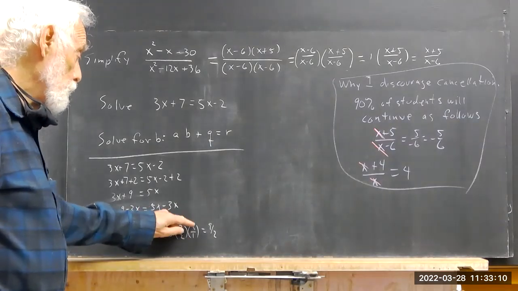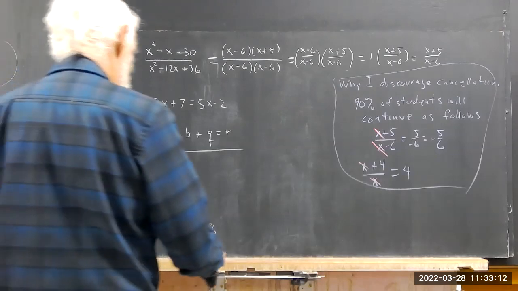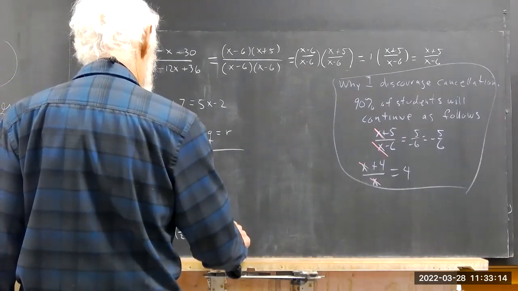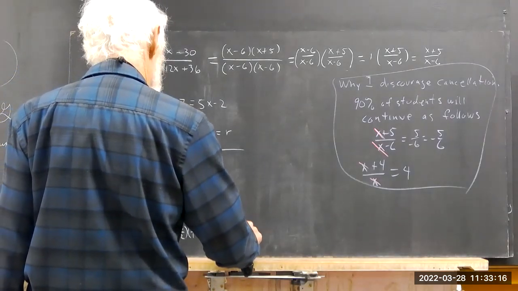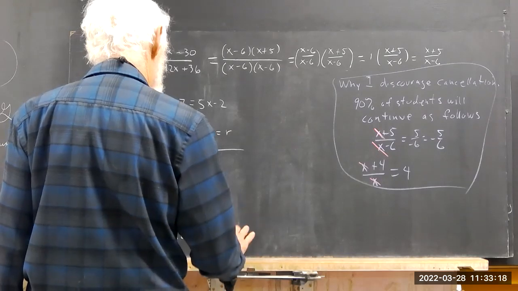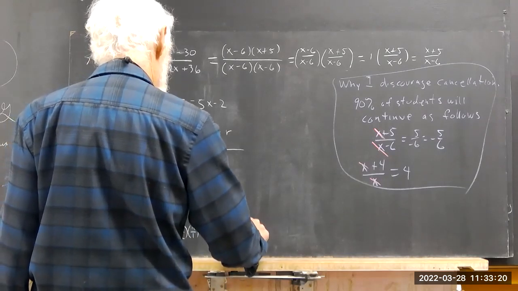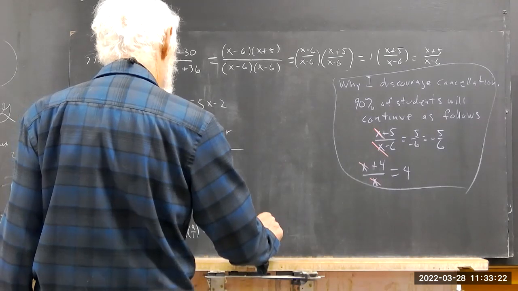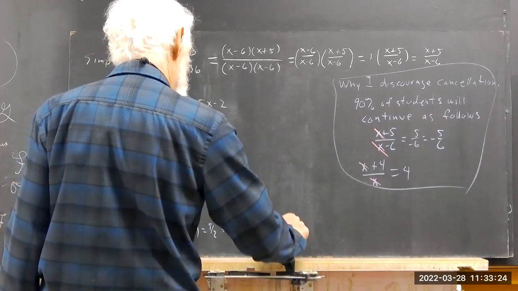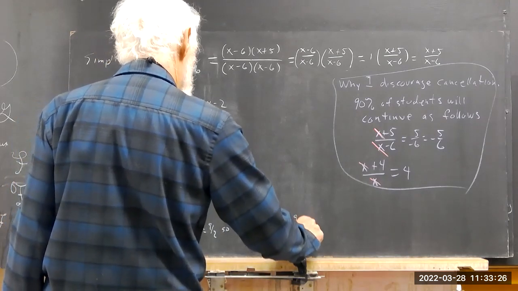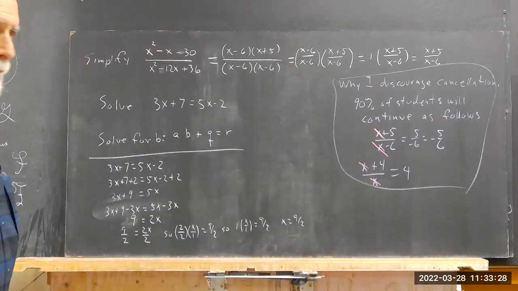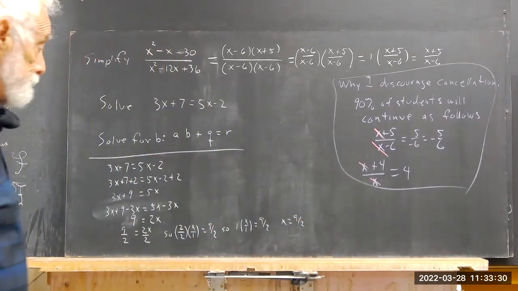So 2 over 2 is 1. x over 1 is x. And x equals 9/2.